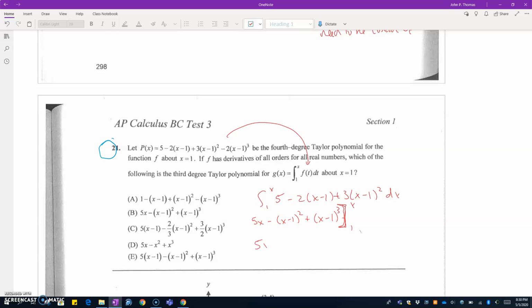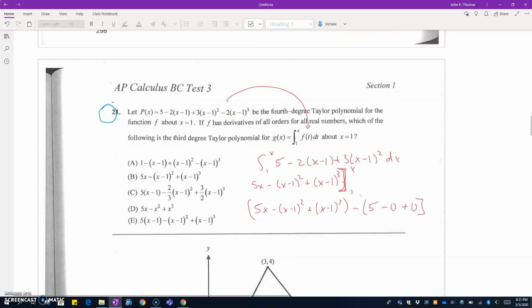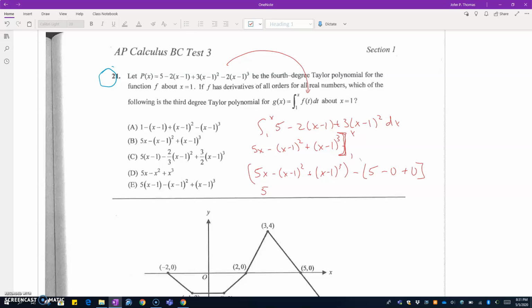So I plug x in, I get 5x minus quantity x minus 1 squared plus x minus 1 cubed. Then I plug in 1, and I get 5 minus 0 plus 0. So I've got 5x, and I'm going to bring this 5 over, so minus 5 minus x minus 1 squared plus x minus 1 to the third.